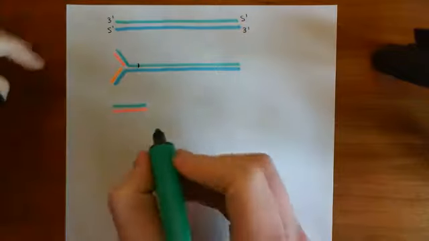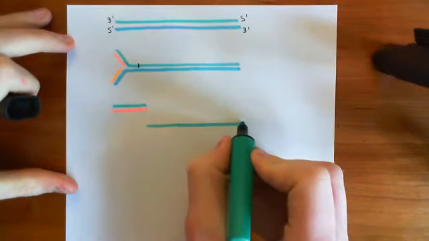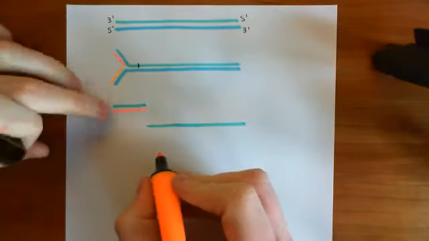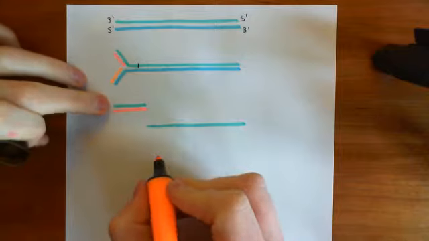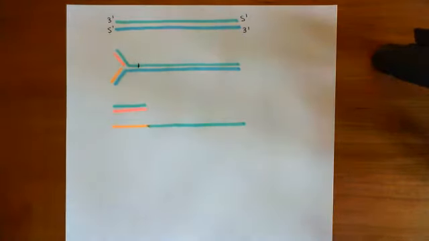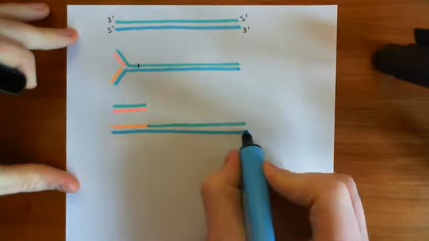We will still have a complete chromosome here, because here is the rest of that turquoise strand. The portion that we've lost in the form of this turquoise fragment up here has been replaced by this orange strand here, and then we've got the blue strand, which is still completely intact here.